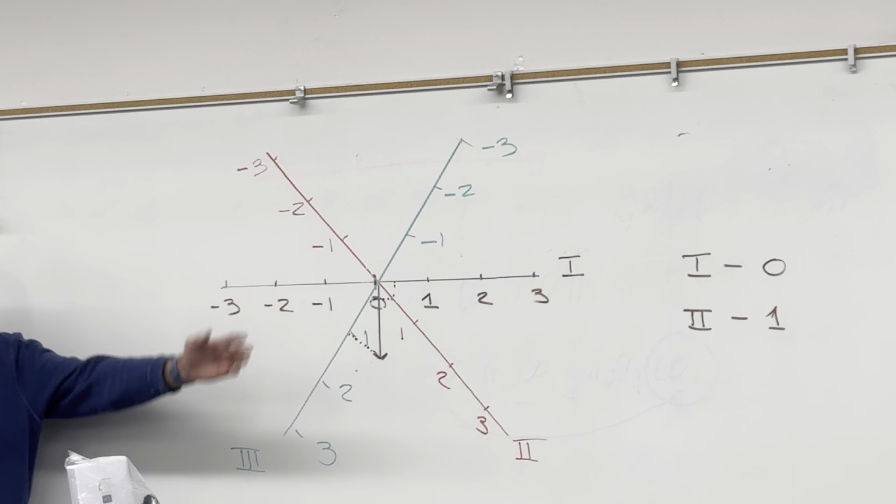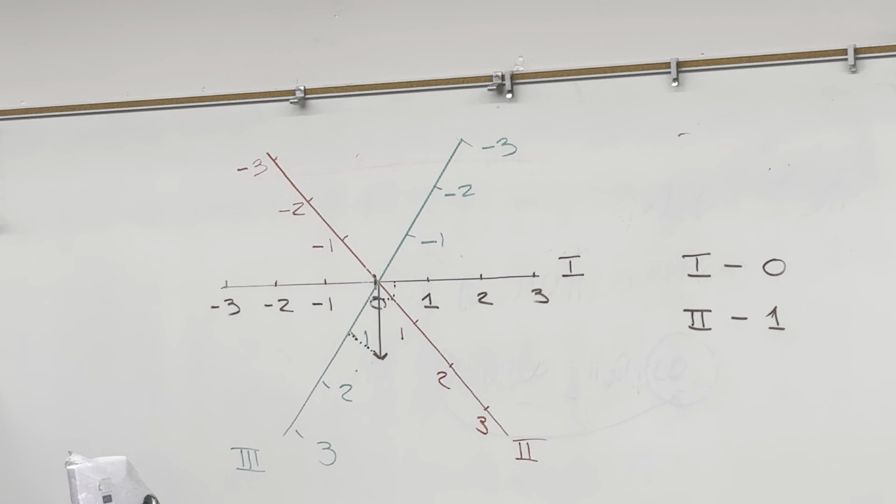And what would you say we'd see in lead 3? A guesstimate. 1. That seems like a reasonable guess to me. He said 1. That seems like a reasonable guess.